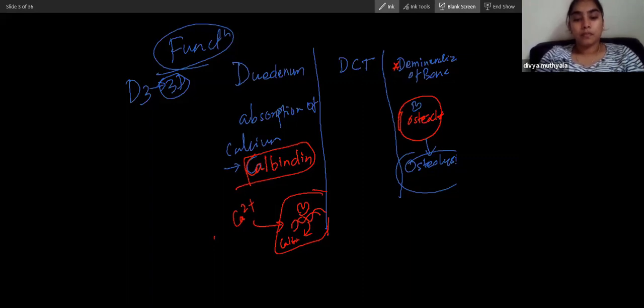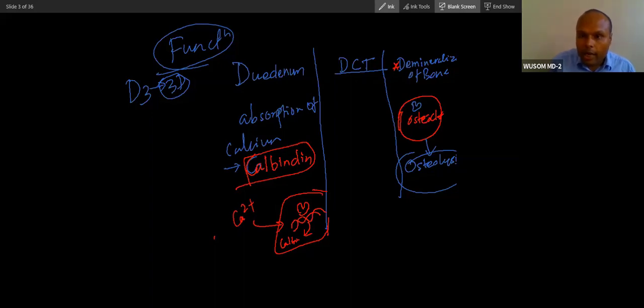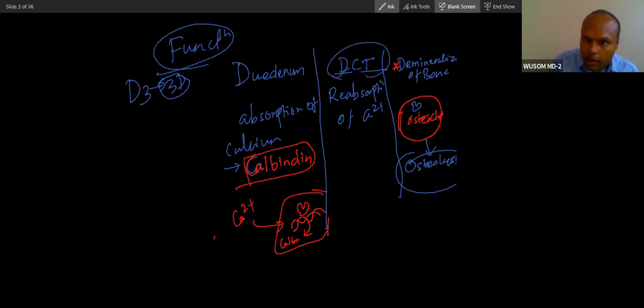Now, the DCT will help in absorption of calcium. How? This helps in reabsorption of calcium. Did you understand? Yes, sir. DCT is reabsorption, so reabsorption in the distal convoluted tubule of the kidney.